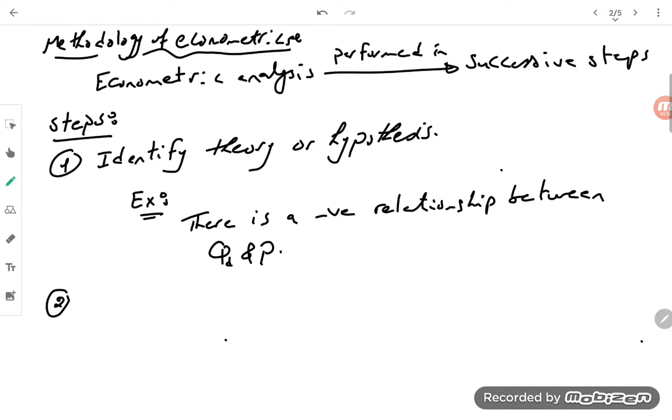Step number 2 is to specify the model in a mathematical form.